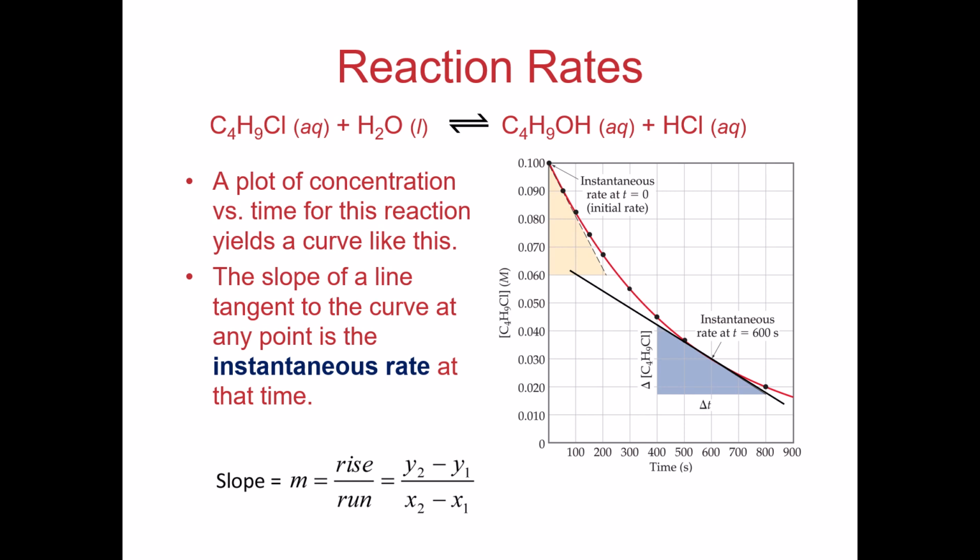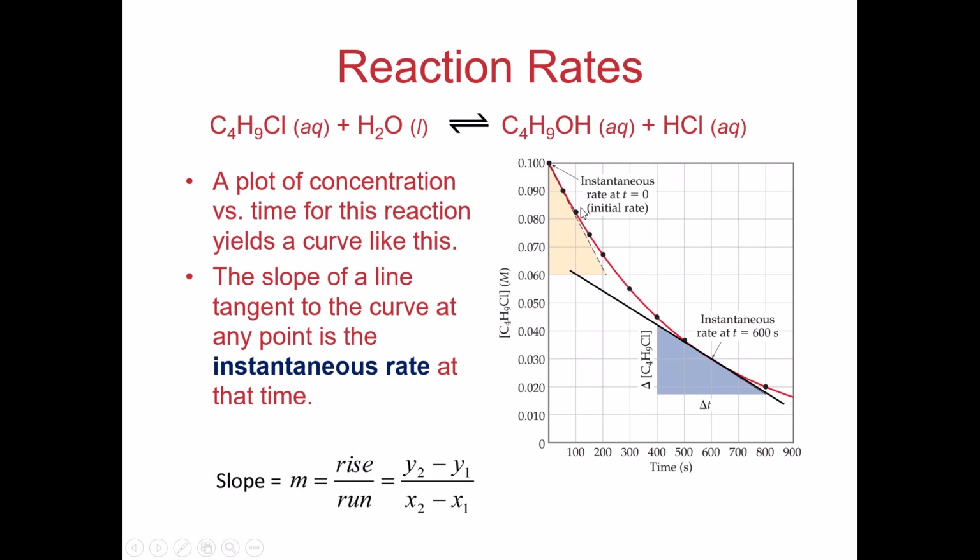If we plot all of our data points, as shown in the red line, we can see that we have a slight curve. Because our rate changes over time, is actually decreasing, we can see that our rate slows down. In this graph, where we have concentration versus time, rate is defined as the slope.